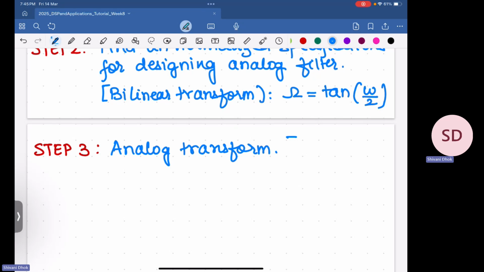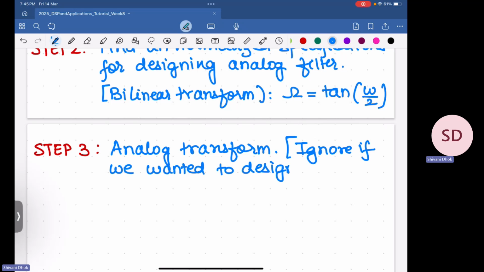And this step we need to ignore if we wanted to design a low pass filter.